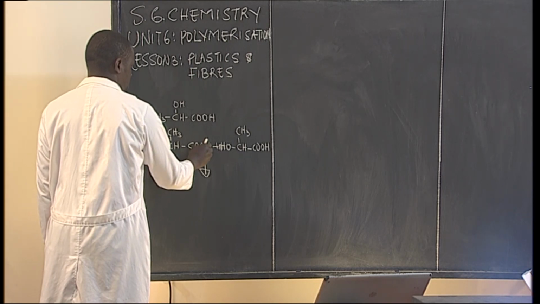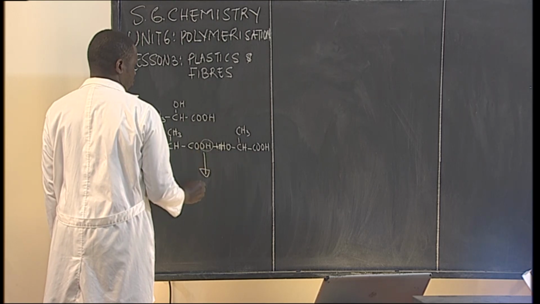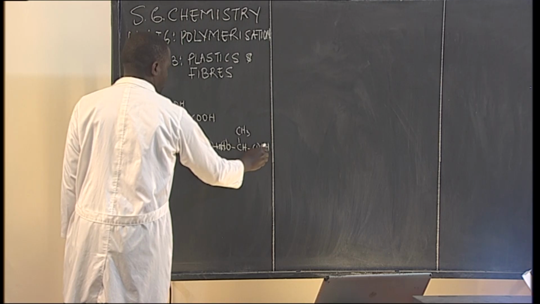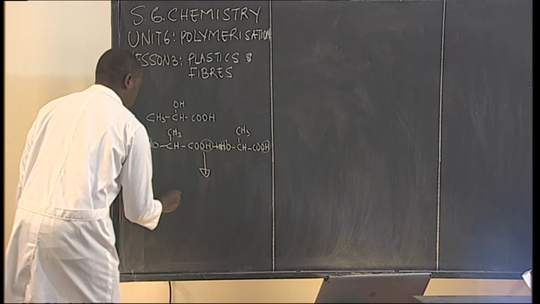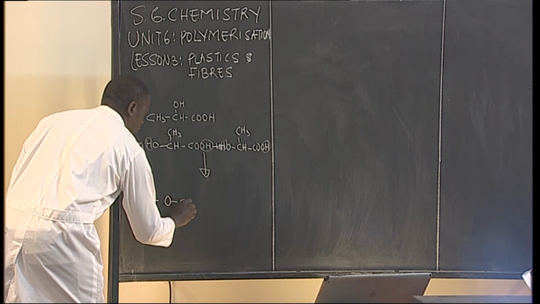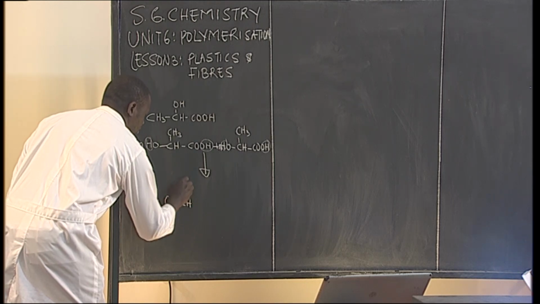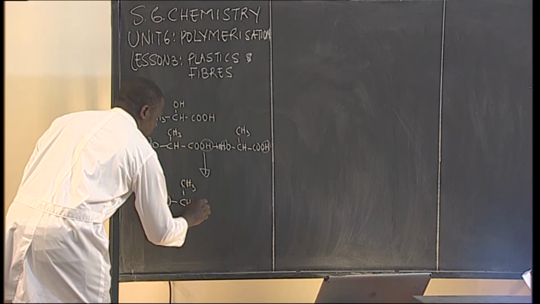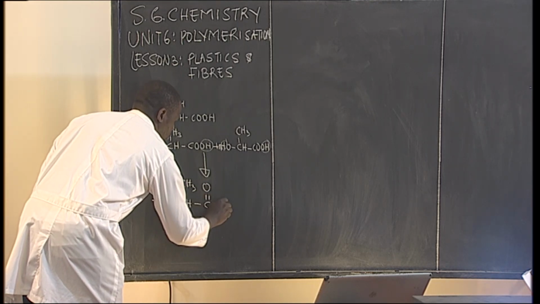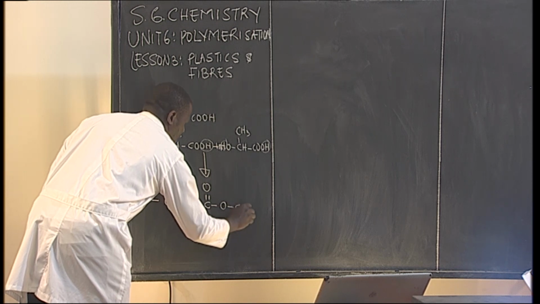Then here we remove OH. Then we remove H here, and also OH. So our polymer will be like this. So we have O, oxygen, so CH, then CH3. So we have our functional group, combining two oxygens to form our ester.